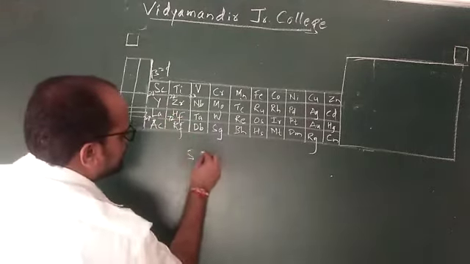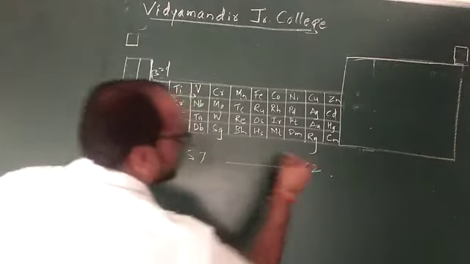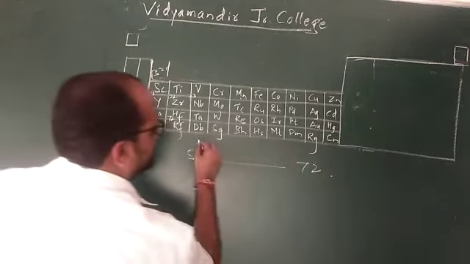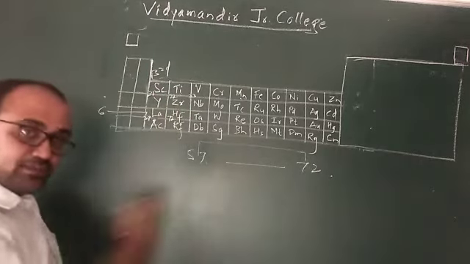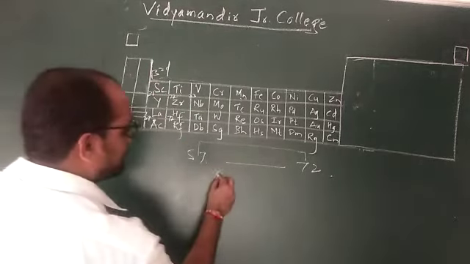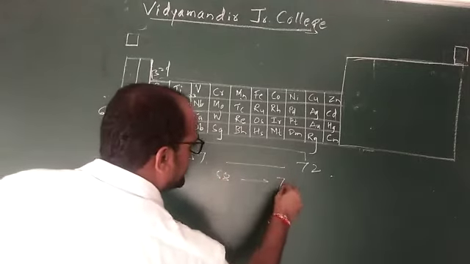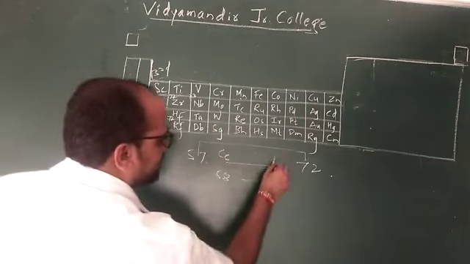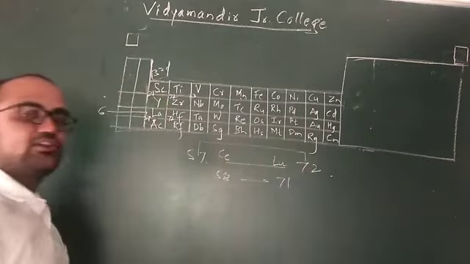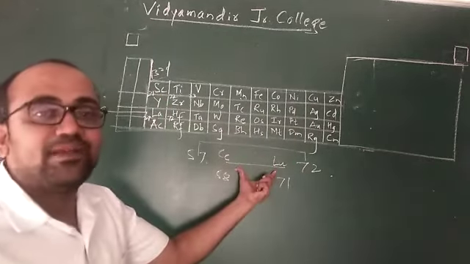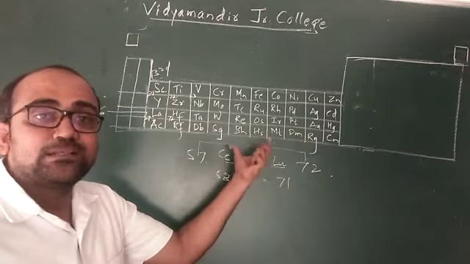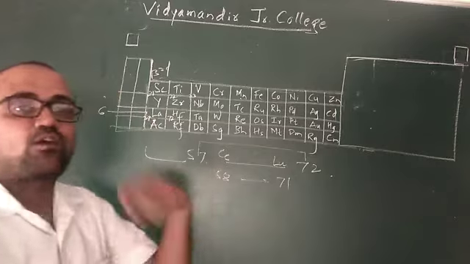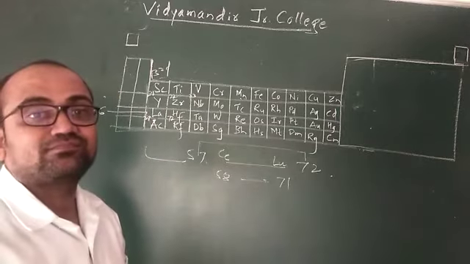So the 57 is lanthanum, 72 is hafnium. In between that, 58 to 71. 58 is cerium and 71 is lutetium. These 14 elements are placed separately at the bottom. Those are called lanthanoids.